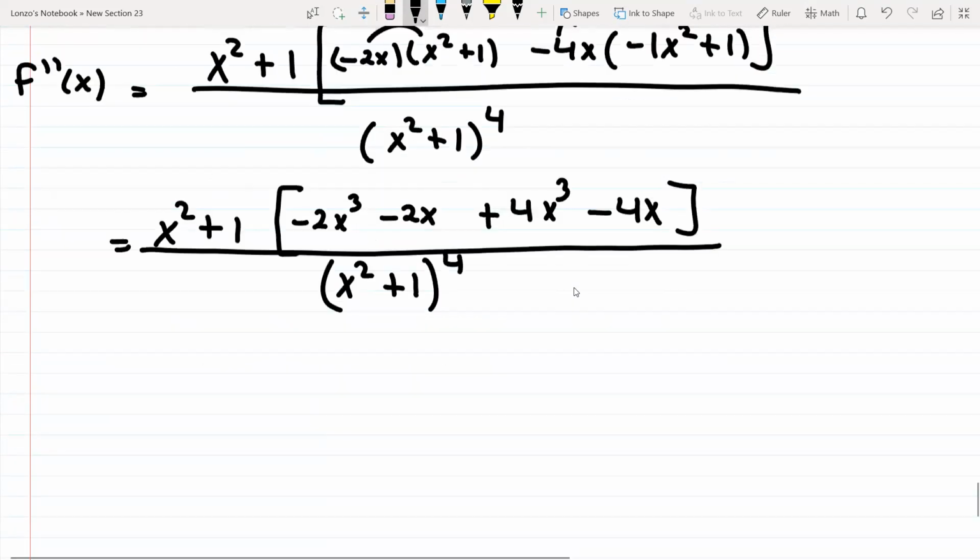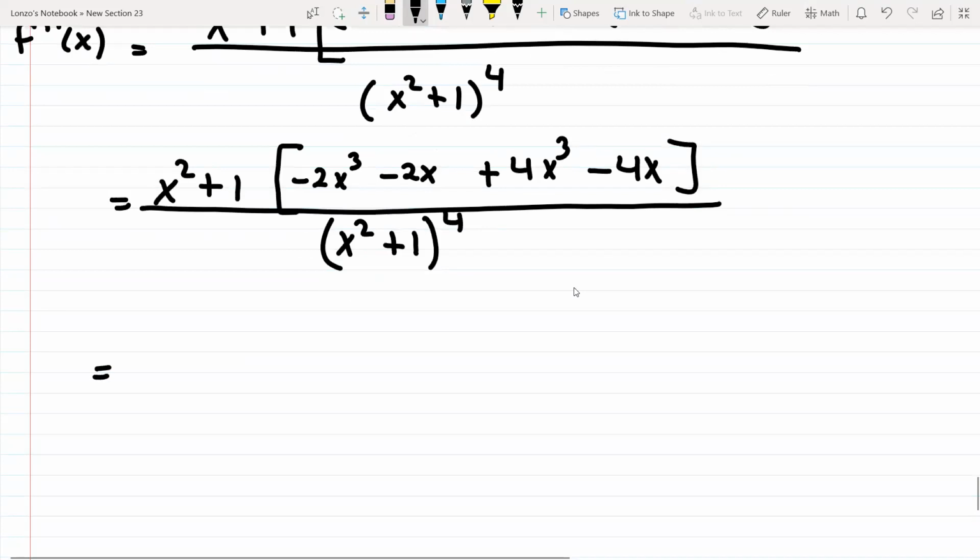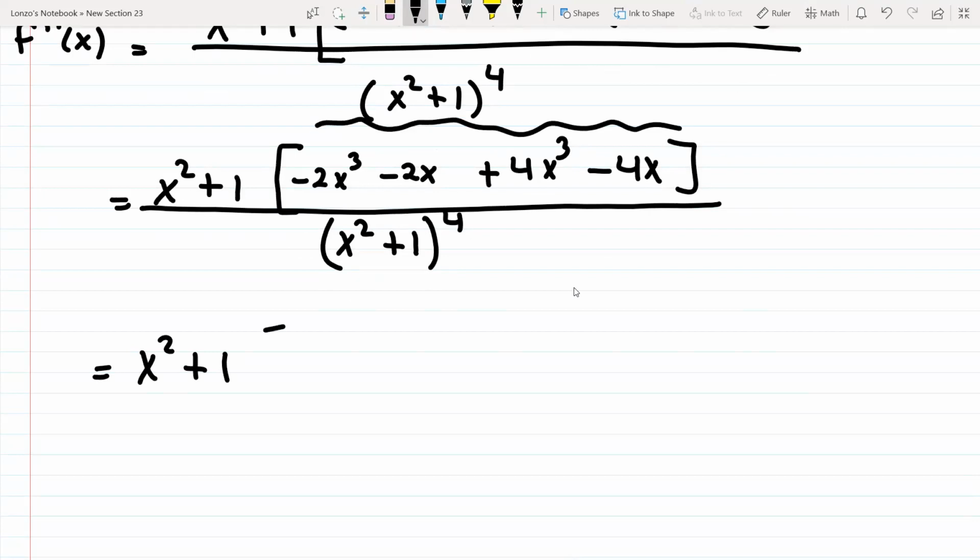Okay, continue cleaning this up. In the bracket, we can collect like terms. So 4x cubed and negative 2x cubed is positive 2x cubed. Negative 2x, negative 4x is negative 6x.